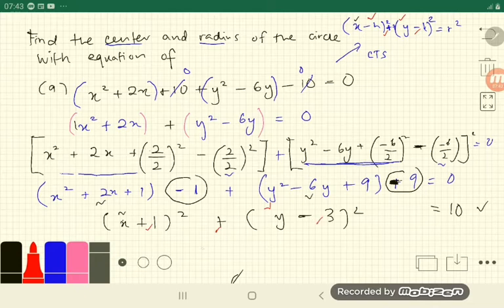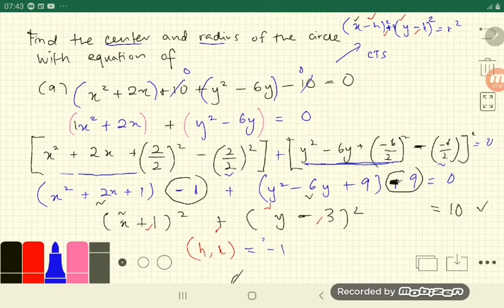So by comparison, negative h is equal to positive 1, so h will be equal to negative 1, and for k, negative k is equal to negative 3, so k will be 3. So this is your center.